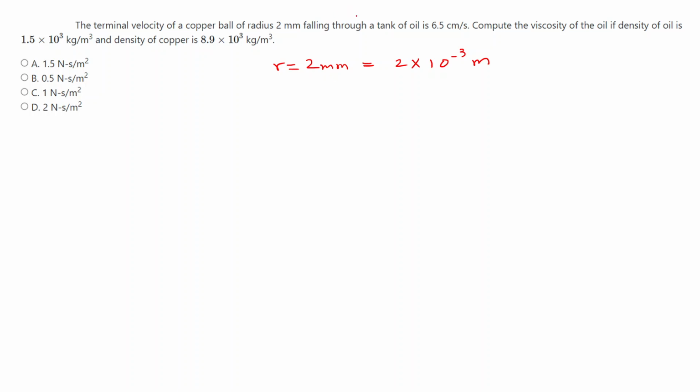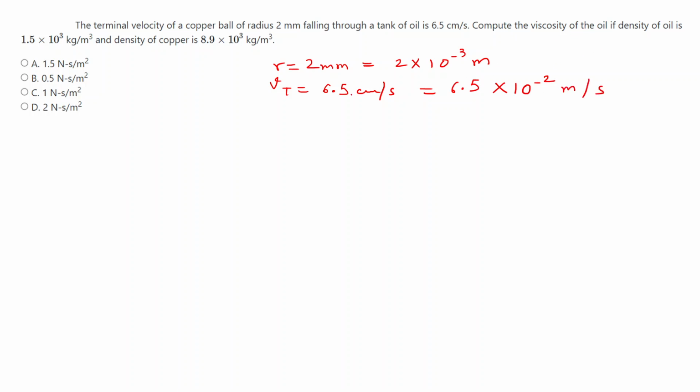Falling through a tank of oil is this. So this is the terminal velocity of this copper ball, which is falling through a tank of oil. Terminal velocity of this ball is 6.5 centimeter per second. Converting it into meter per second, it will be 6.5 times 10 to the power minus 2 meters per second.